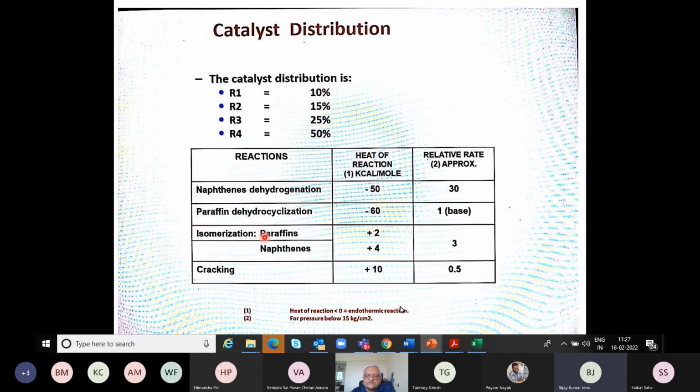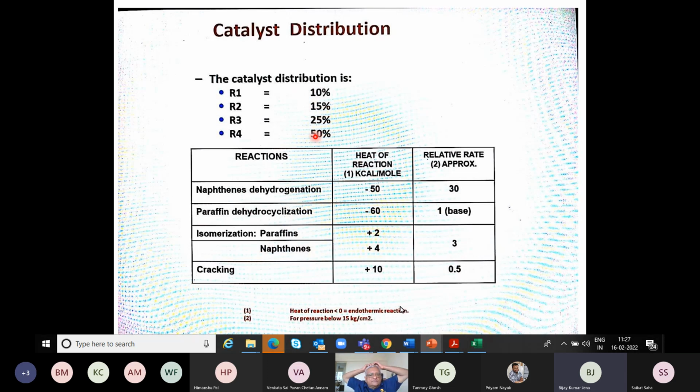If you look at the isomerization, either isomerization of paraffins or naphthenes, the rate of reaction is 3, which is of the same order of magnitude as paraffin dehydrocyclization. And cracking, of course, is half that of these reactions. So we suppress this, as you know, by putting hydrogen. And so in the second reactor, we fill up almost like 15% of the catalyst. This is, of course, for a 4-reactor configuration.